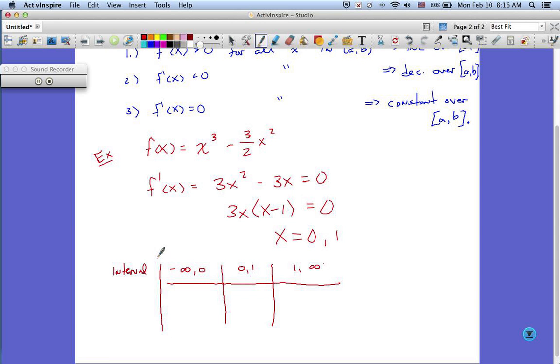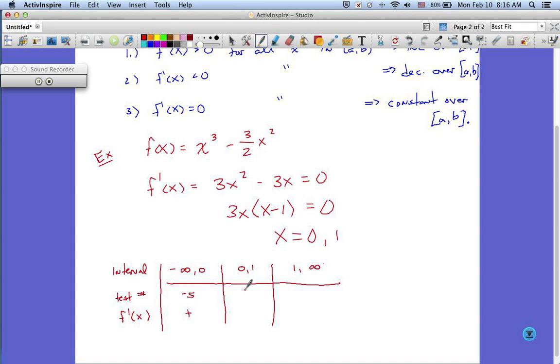I need to figure out what my graph is doing over each interval. So let's pick a test number, something between negative infinity and 0. I'm going to pick negative 5. When I plug negative 5 into my derivative, I get a negative times a negative, which is a positive. That gives me a positive derivative.